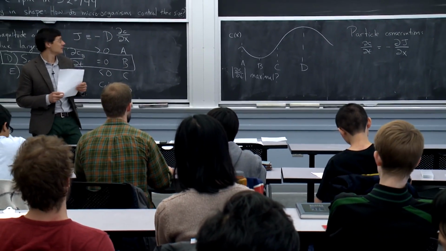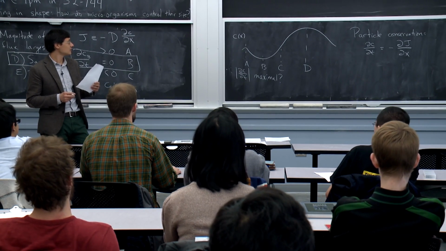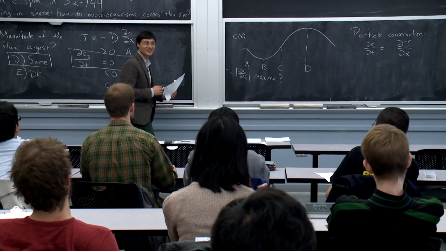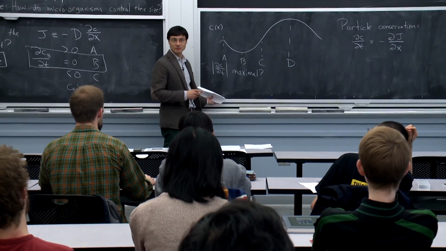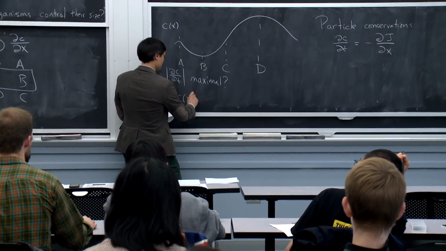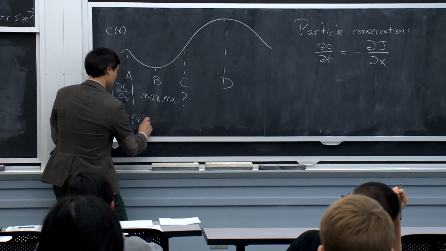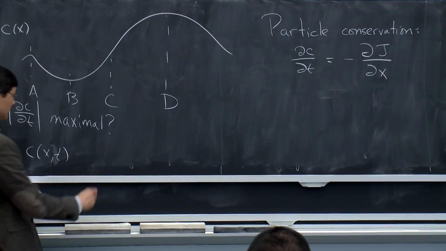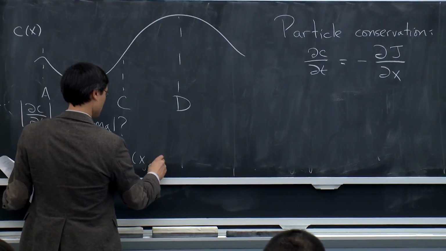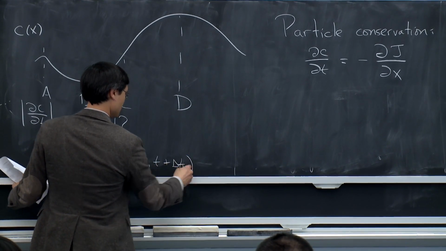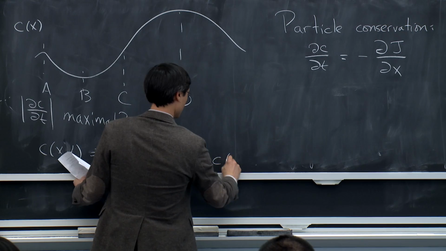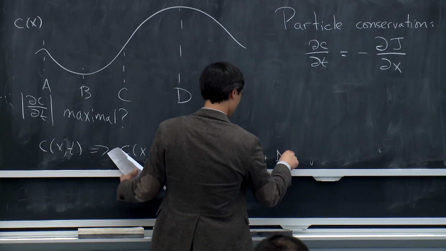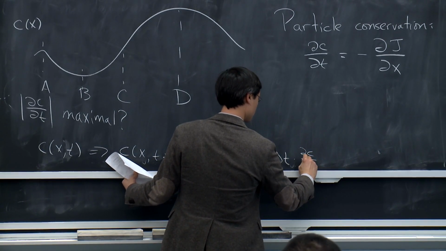Is this instantaneous in some sense? Is it exactly at the instant? All right, so I guess what I would say is that this is the concentration profile at some time, as a function of position and time. And if you want to know the concentration profile some time delta t later, at t plus delta t, then it's going to be the concentration that we had before, plus delta t times the derivative with respect to time.